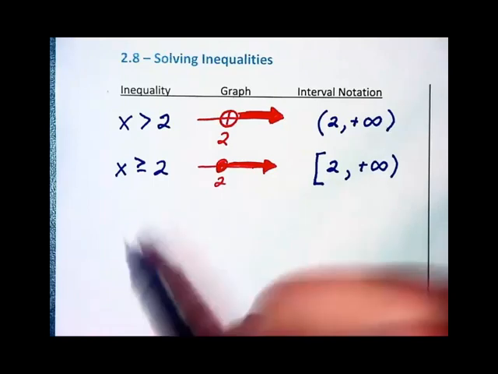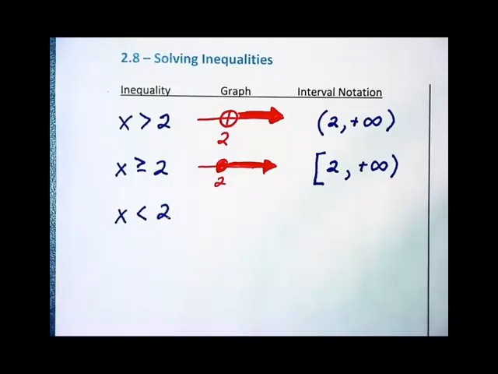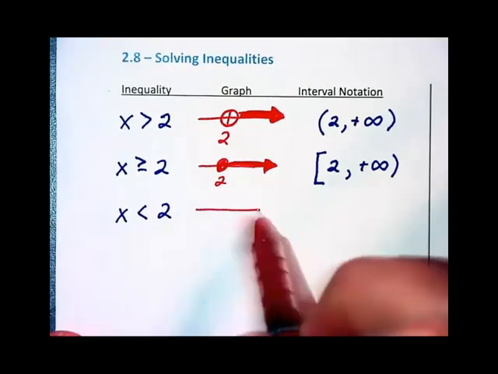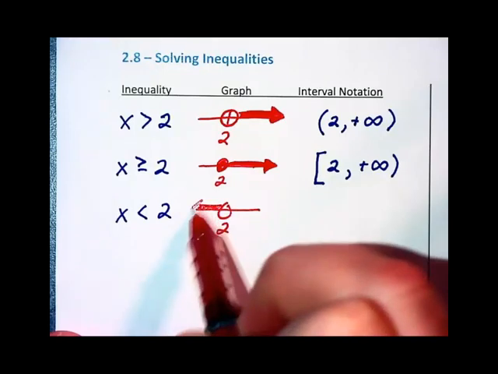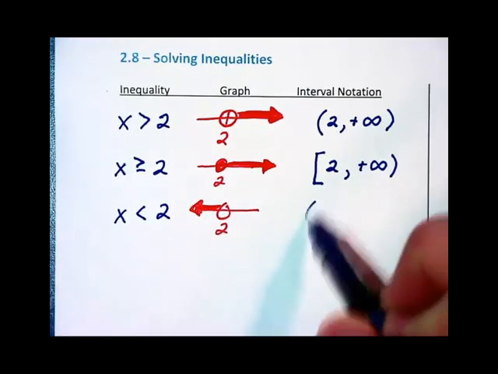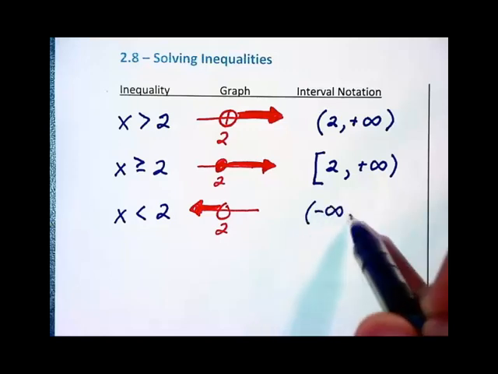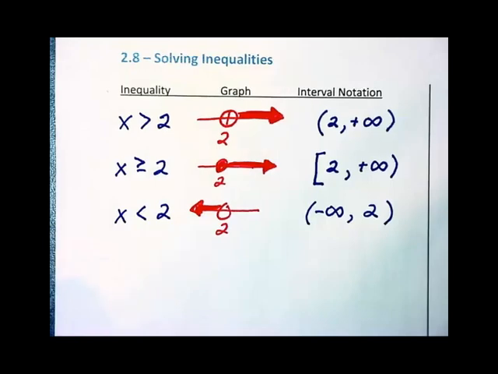If you want to represent x is less than 2, on the number line that would have an open circle at the 2, and we would be shading to the left hand side. And in interval notation, that would run from negative infinity on up to 2, which we will not include on the right.